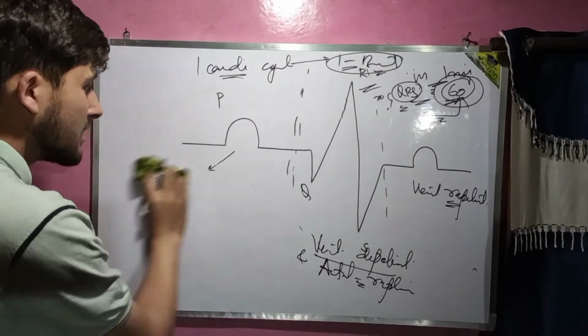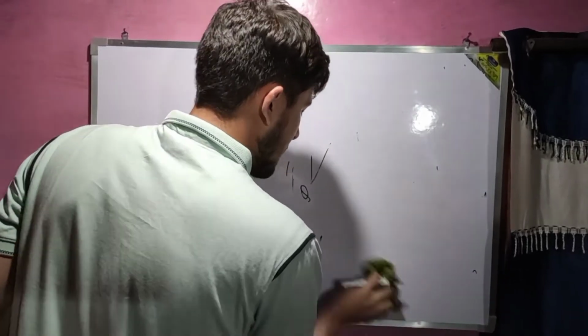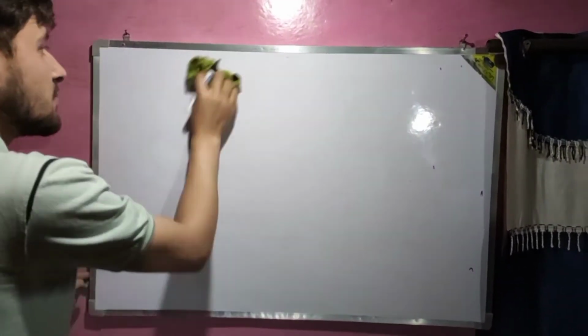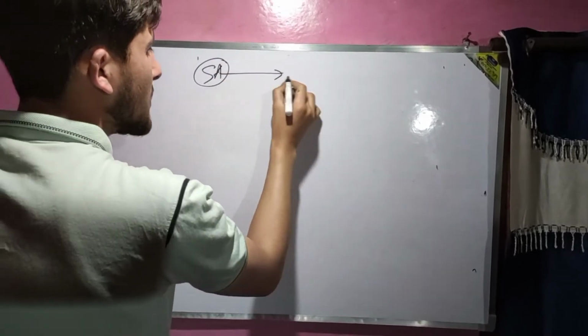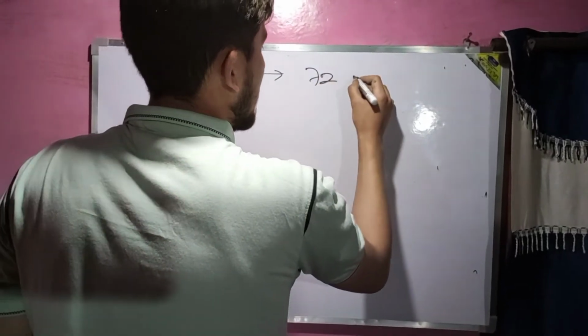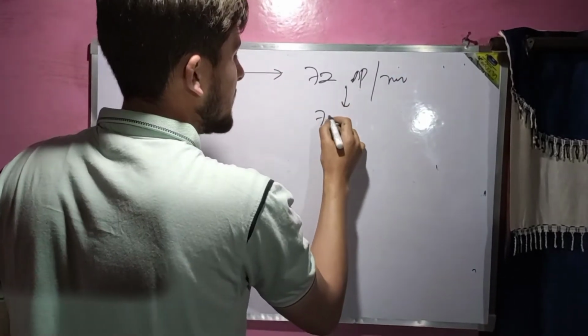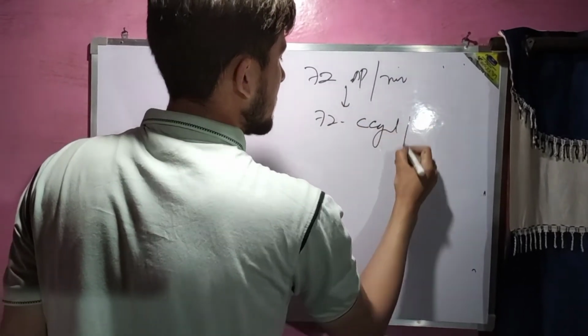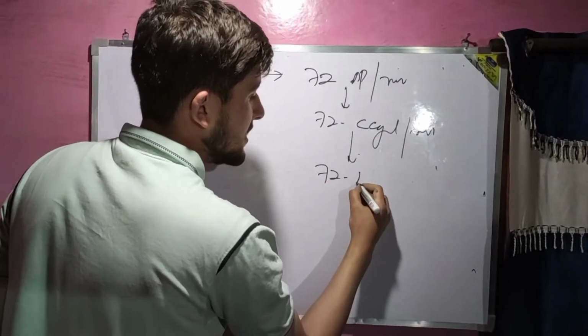We know that the number of beats per minute is controlled by the SA node. Since the SA node produces 72 action potentials per minute, it produces 72 cardiac cycles per minute, and 72 cardiac cycles per minute means 72 beats per minute.